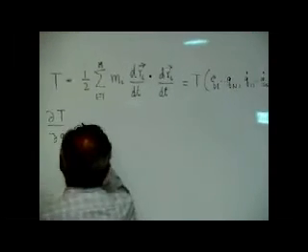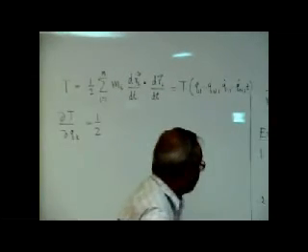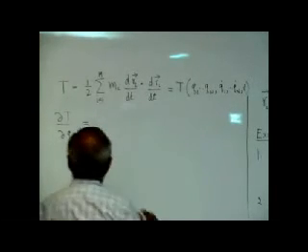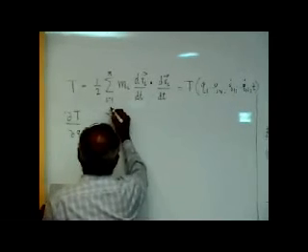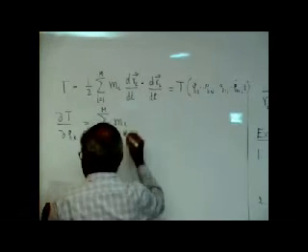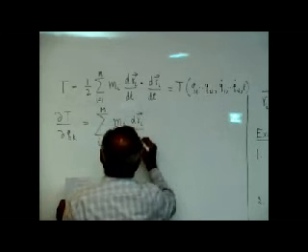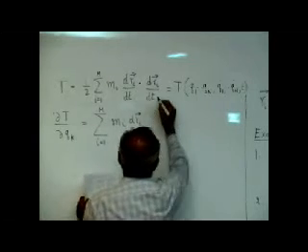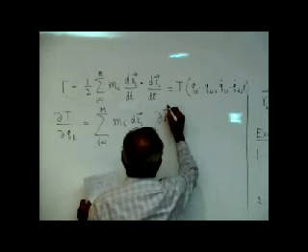Half will go away as I differentiate this. So this will be the summation over i of mi ri dot.